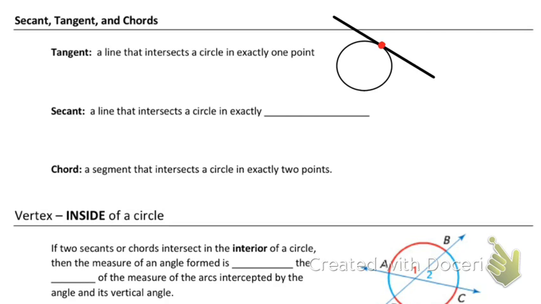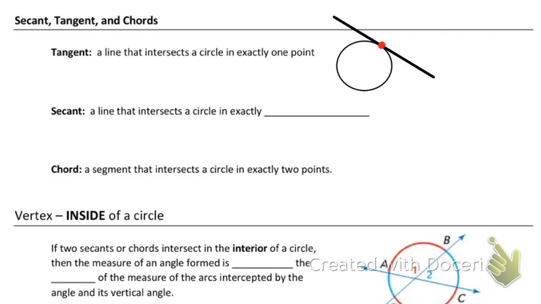Secant's going to be a little different. A secant is a line that intersects a circle in exactly how many points? Who wants to take a guess? No one wants to take a guess? Remember, it's a straight line. Could it even hit 6 places? 1?